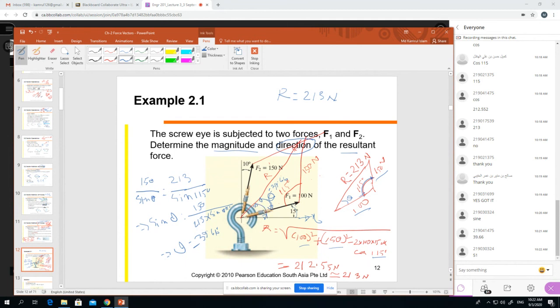Suppose from here to here we give the name alpha. The resultant force will be working in this direction, at this angle alpha. So alpha equal to theta plus 15 degree, so alpha equal to 39.66 plus 15.